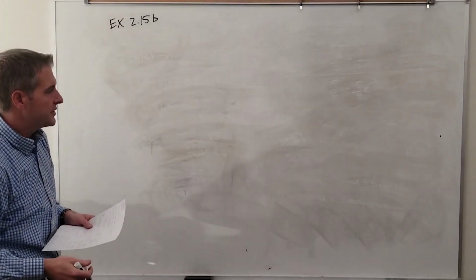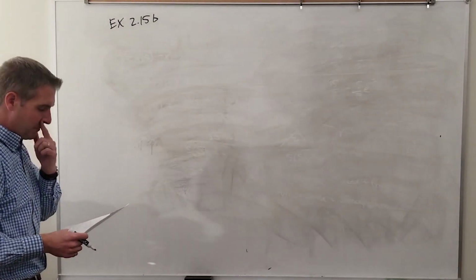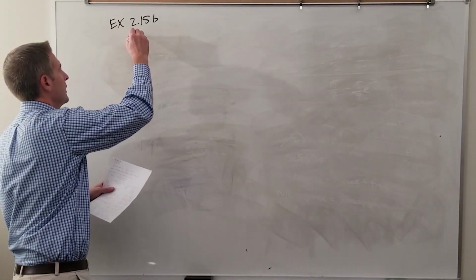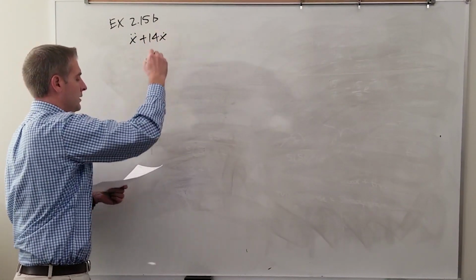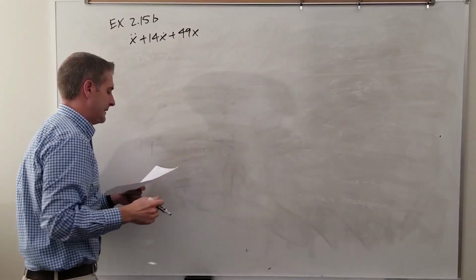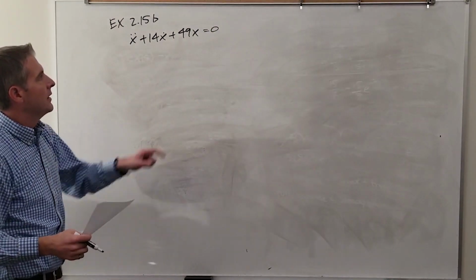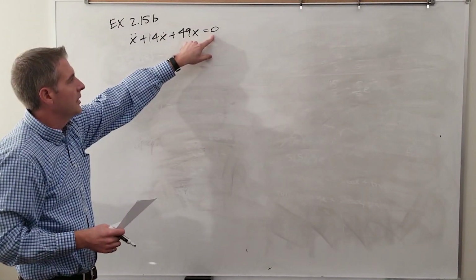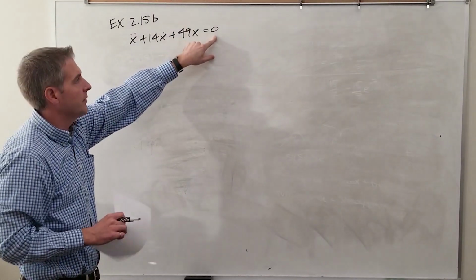Okay, so for this last example, I'm going to do example 2.15b from the textbook, and it's got a second order derivative. You'll notice then that the external forces are 0, so we expect this to be something similar to a free response.